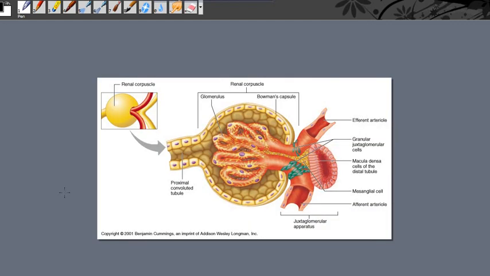Beta 1 receptor is also located in the kidney. You can see this is the glomerulus. This is the glomerular capillaries, and this is the efferent arteriole, blood coming through the afferent arteriole, and this is the distal convoluted tubule.